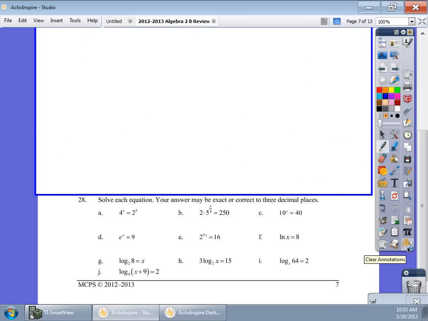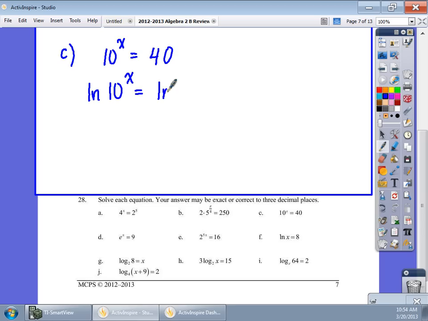For letter C, this is where we have to use our calculator because there's no way to make 10 to the x look like a 40 or vice versa. So we're going to take the natural log of both sides. That brings this out to the front. X times the natural log of 10 is the natural log of 40.